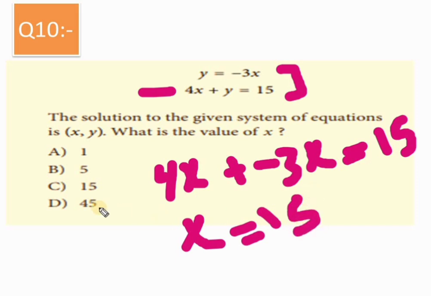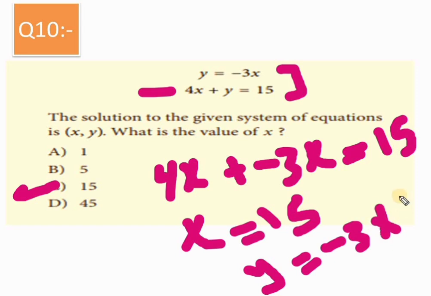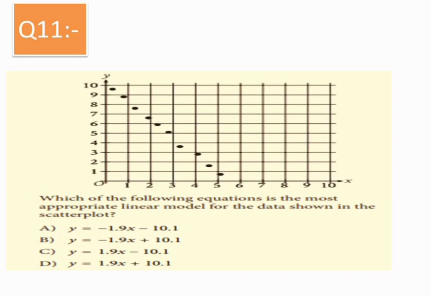Now it's clear that the correct answer is C. The question may also ask you about the value of y, and since you have x, it's simple to get y because it equals negative 3x, so negative 3 times 15, so y equals negative 45.